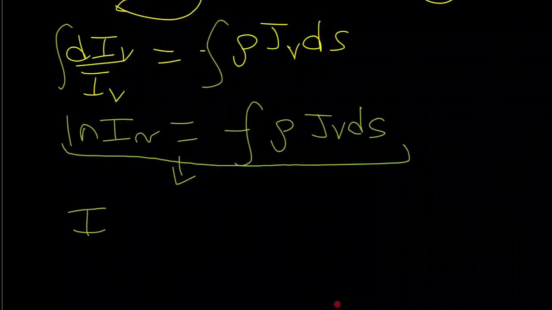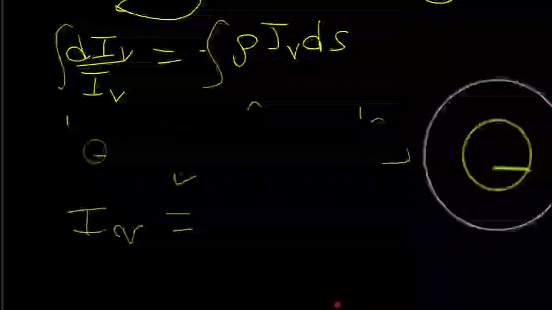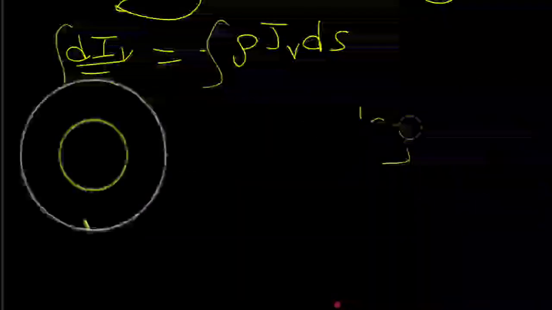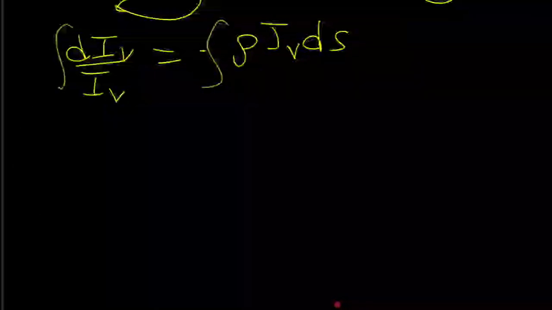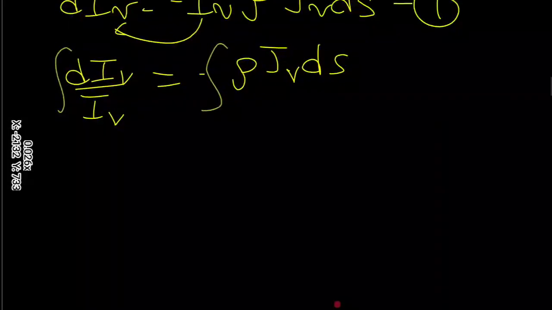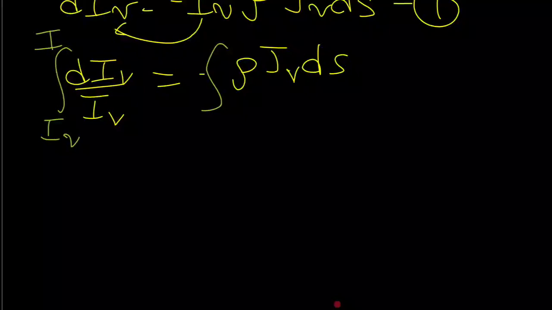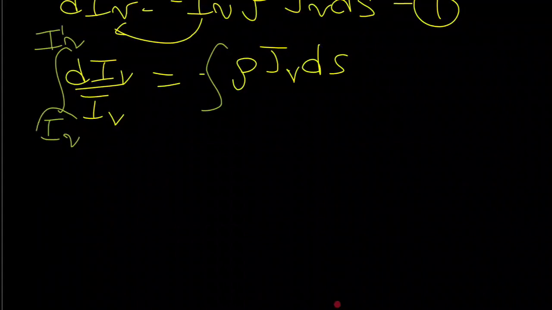Okay, I have not written the limits, and without limits it will not work. So here let's say I mu was our initial, and I dash mu was our final, the intensity after this.